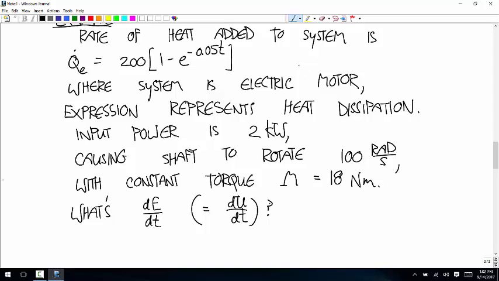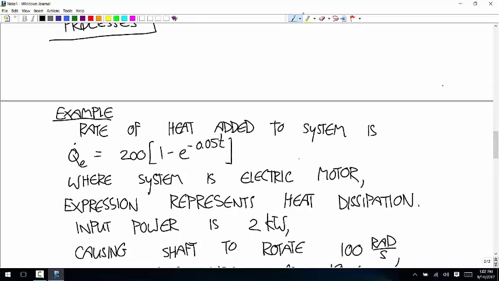That one formula I gave you is heat leaving the system. Yes, I was thinking about it wrong when I wrote that. It is removed.